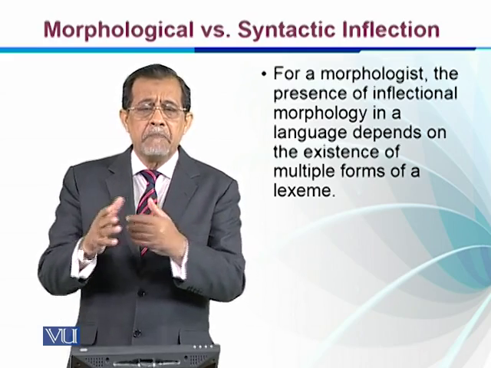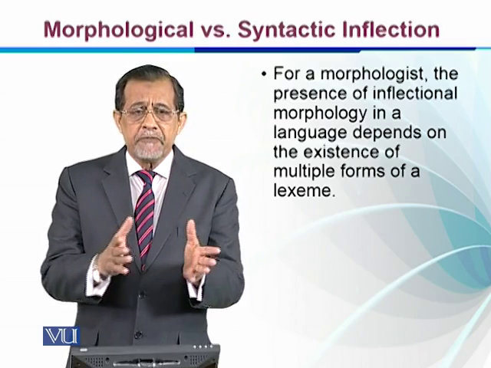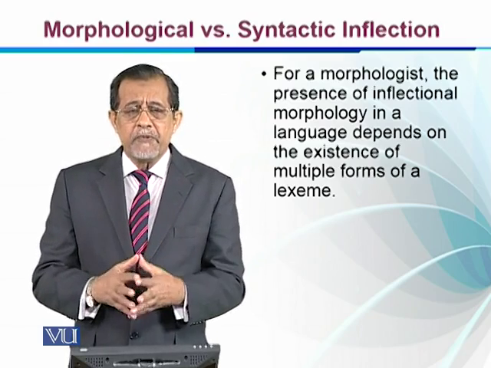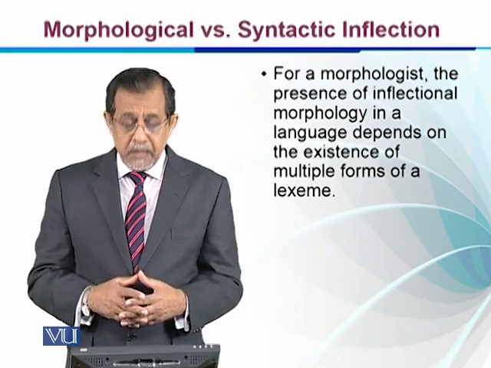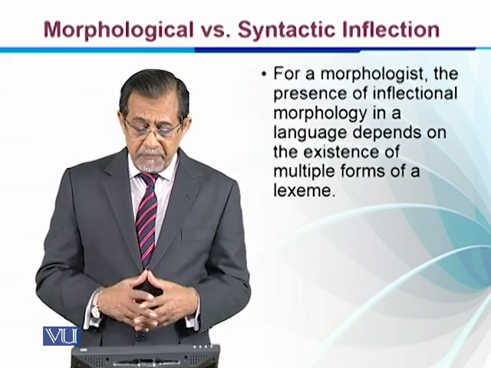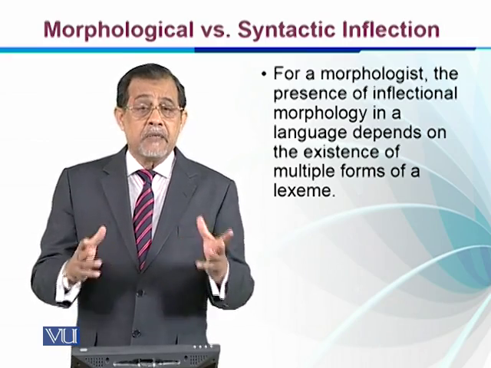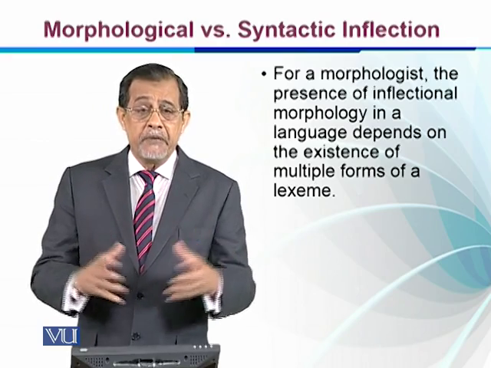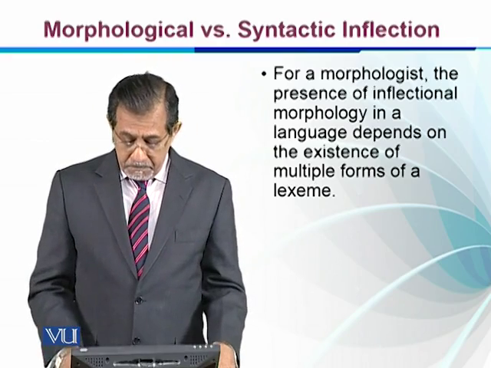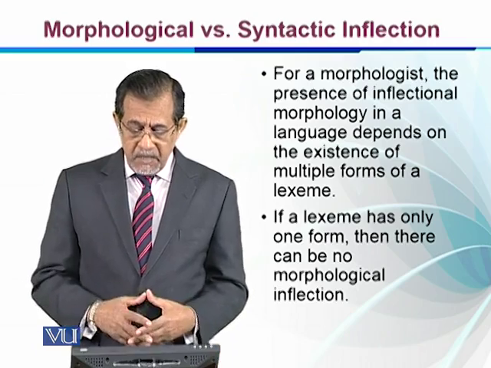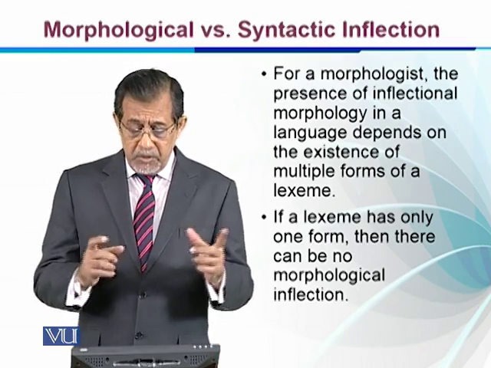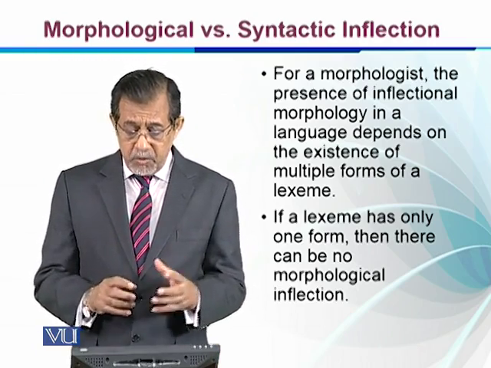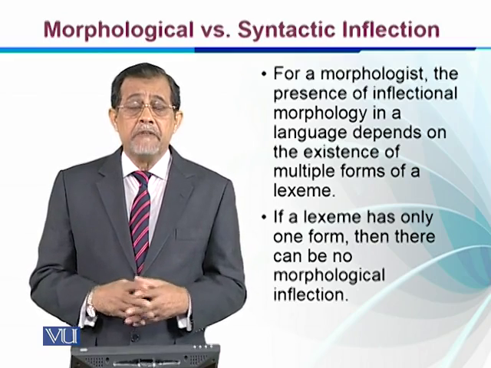Play, playing, played, right? So, these are different forms. So, for morphologists, the presence of inflection is the presence of different word forms. If a lexeme has only one form, then there can be no morphological inflection.